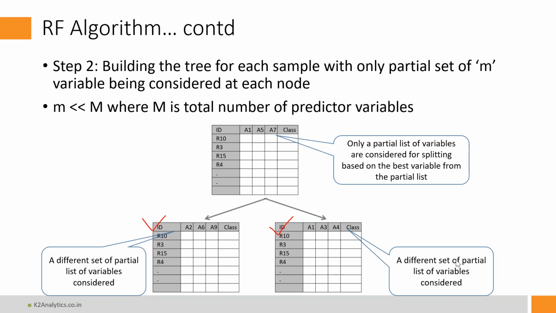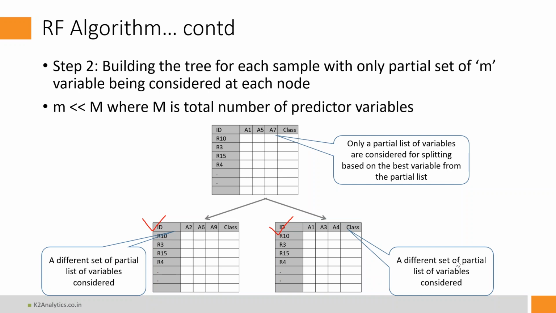Now the choice of selecting number of attributes, that is 10 or 12 out of 100. How do you arrive at this number 10 or 12? Thumb rule is, if you have got 100 attributes, take a square root. And that square root is the number of attributes you should be considering. That is a thumb rule. Okay.